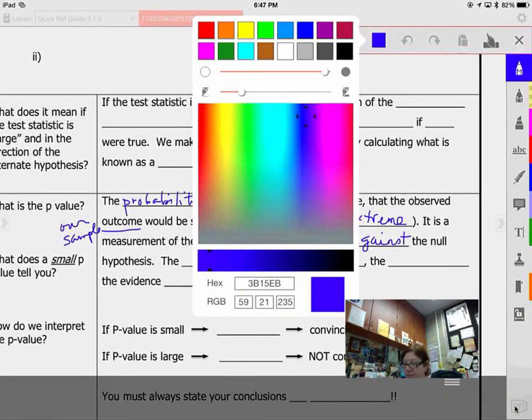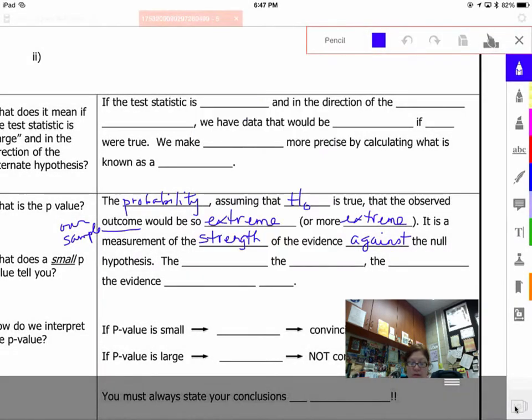So the smaller our p-value, then the stronger our evidence against H sub O. Because if that p-value is really, really small, then that means the chances of getting that sample are really extreme if the null hypothesis is true.